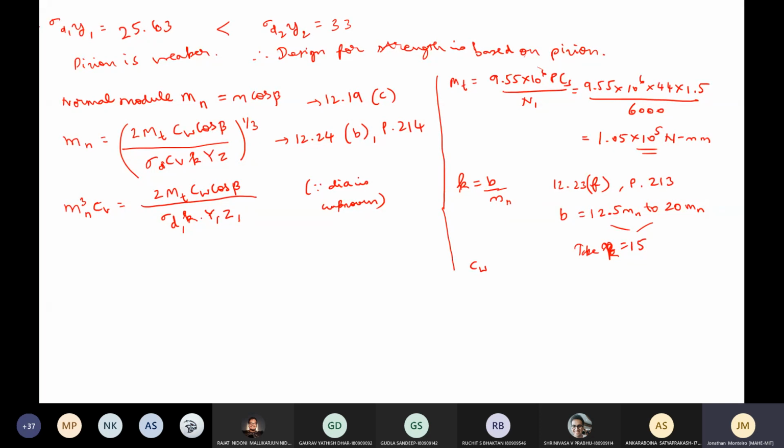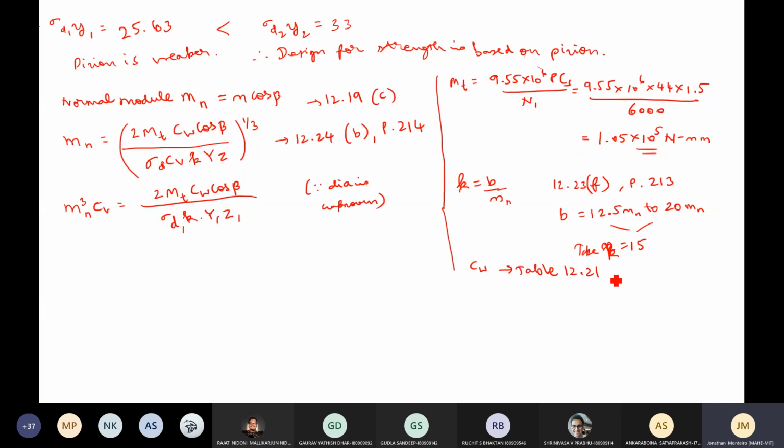So let us go to table 12.21. There you have three different values. You can choose any one of them, but what we'll do is assume that we have properly lubricated it.